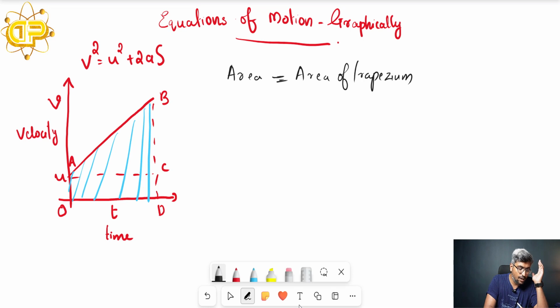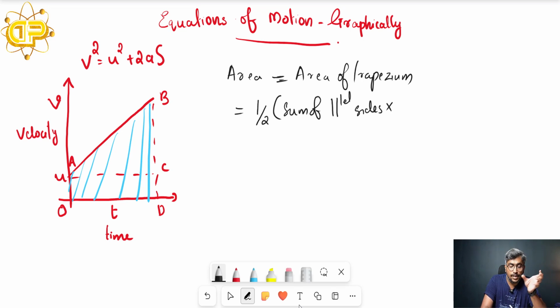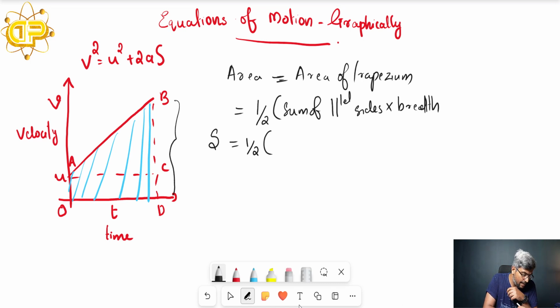So here the area of trapezium is given by half into sum of parallel sides into the displacement or the breadth. So this is the area of a trapezium. So that is equal to half into, the area is nothing but the displacement, half into what is the sum of parallel sides. These are the parallel sides, right?